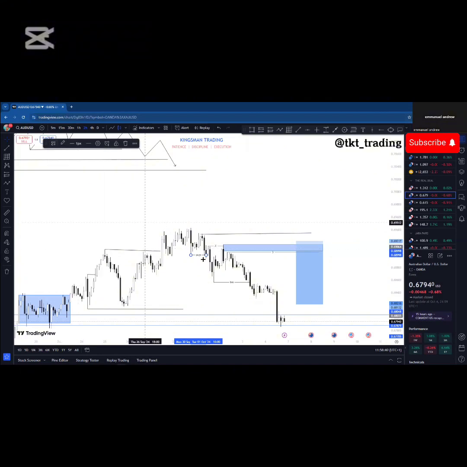As you can see, price was on an uptrend before, then it gets to this point here. Then we see price fail to go beyond this point, and eventually it breaks below.